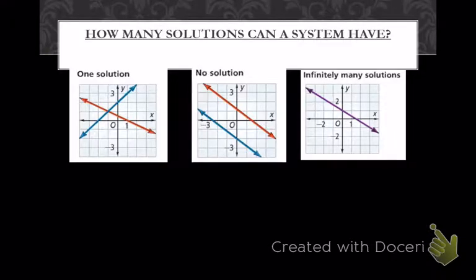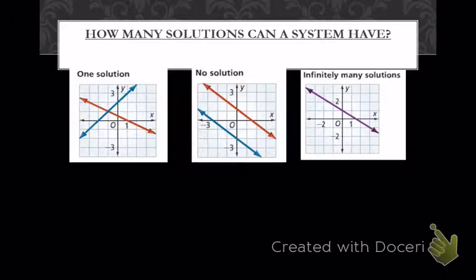Okay, now, how does this work? The reason why I wanted to make the connection between the equations and the lines in our graphs before is because when we want to find the solution of a system using the graphing method, we're going to want to graph the lines. Well, how do we find the solution when we graph the lines?